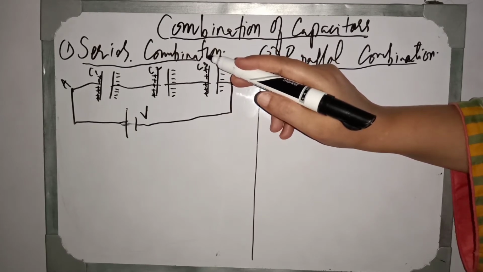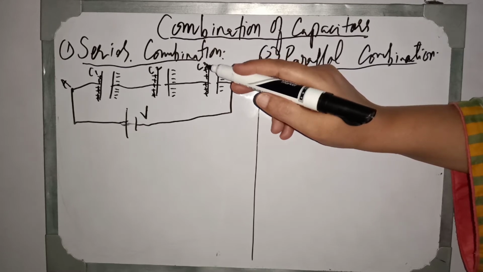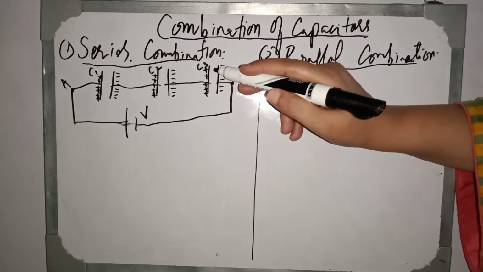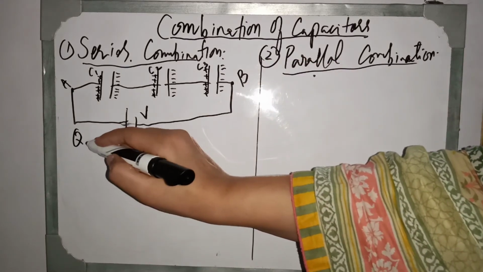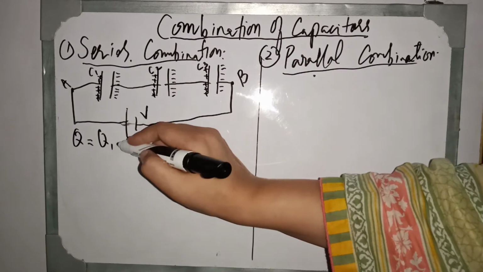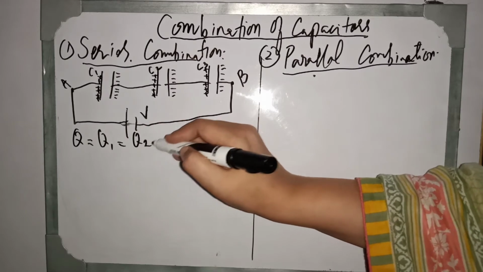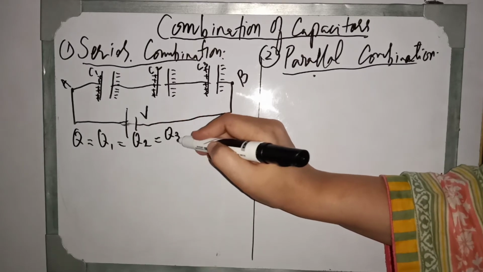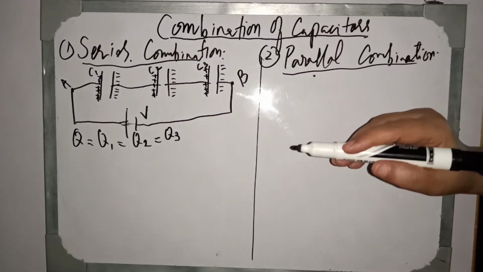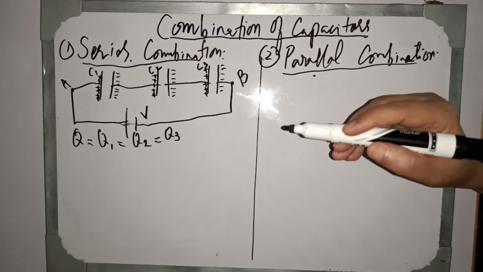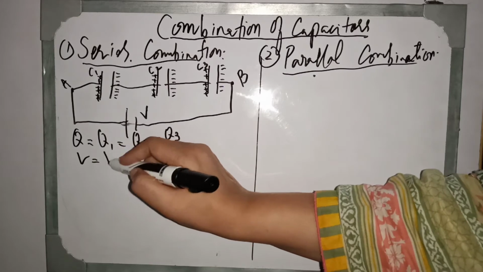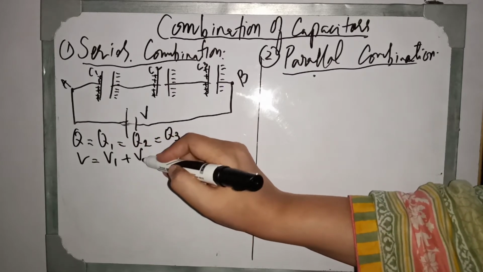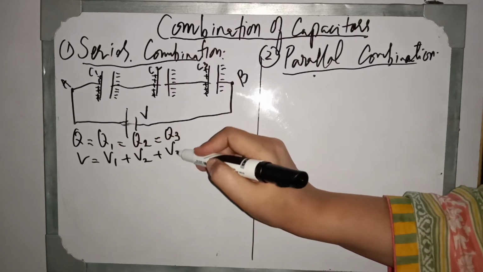So the charges on all the plates will be the same. So we can say that Q is equal to Q1 is equal to Q2 is equal to Q3. There is no difference between the charges on the plates. But the potential difference will be V equals V1 plus V2 plus V3.